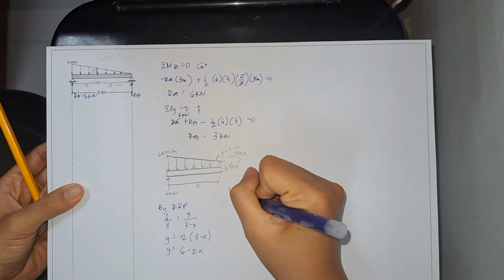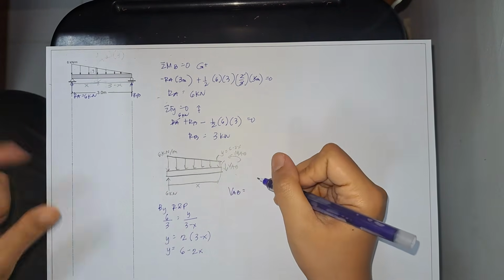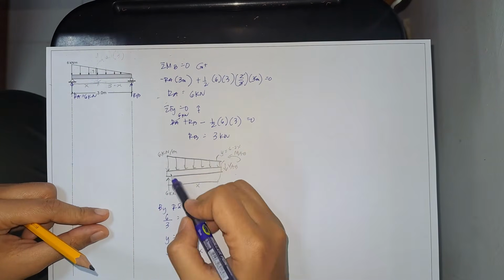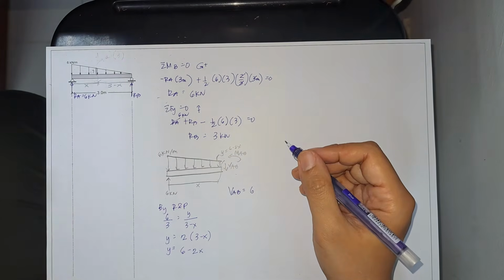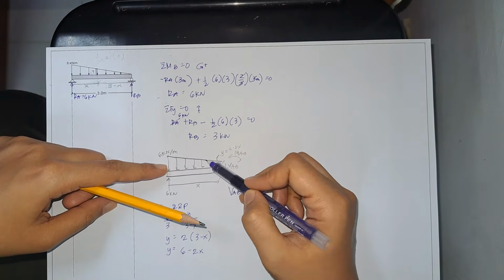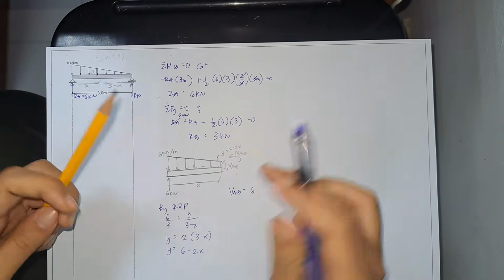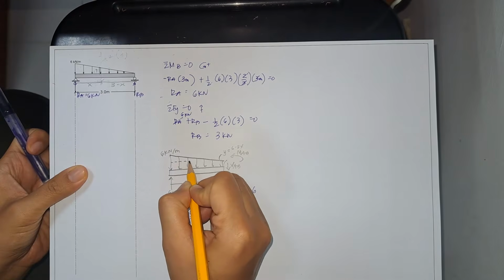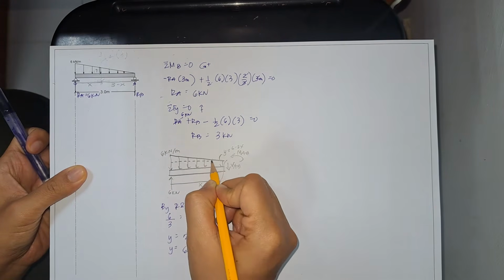So we have here, shear at AB is equal to 6 upward. Okay? Tapos, meron po tayo ditong trapezoid. Pwede natin kunin yung full trapezoid po dito as the concentrated load. Pwede rin po natin hatiin. Okay? Sa akin kasi, I prefer na hinahati na po siya para dun sa moment mamaya wala akong problema. Okay?